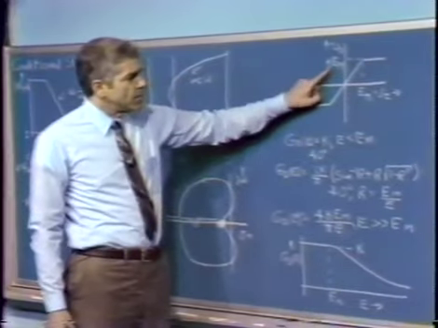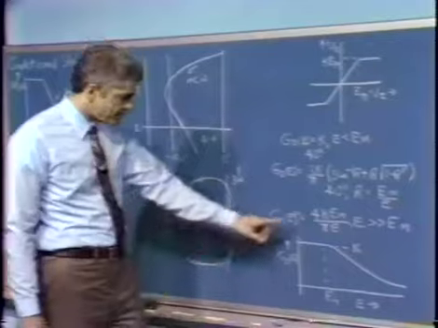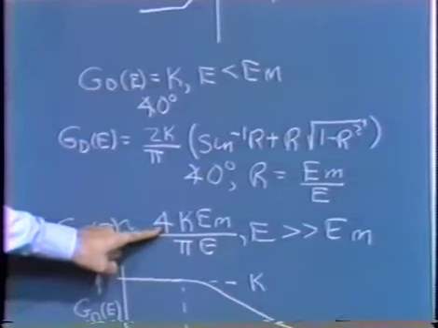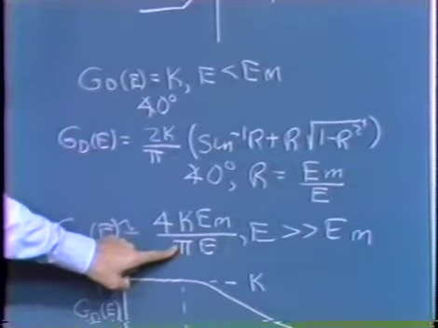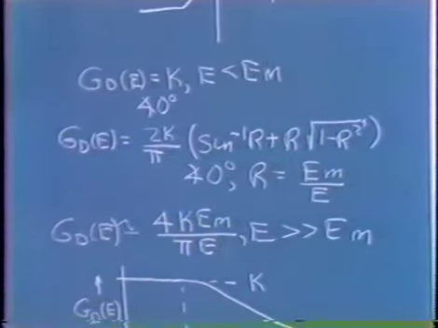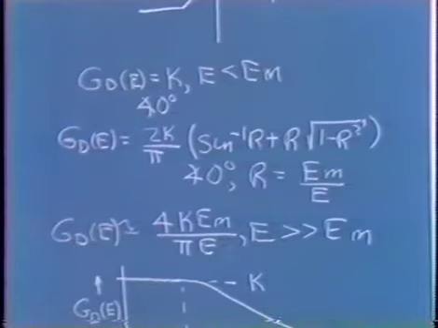The amplitude of the output square wave would be k times E sub m. The fundamental component of the output square wave would be 4k over pi times E sub m, the k E sub m being the peak magnitude of the output, the 4 over pi giving us the magnitude of the fundamental term in the Fourier series expansion.